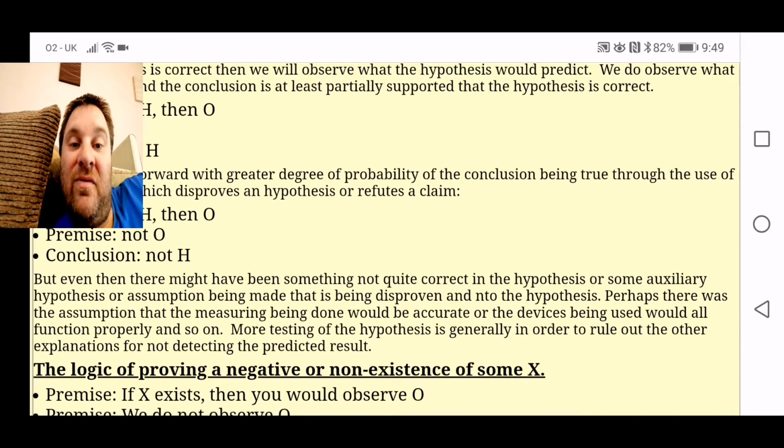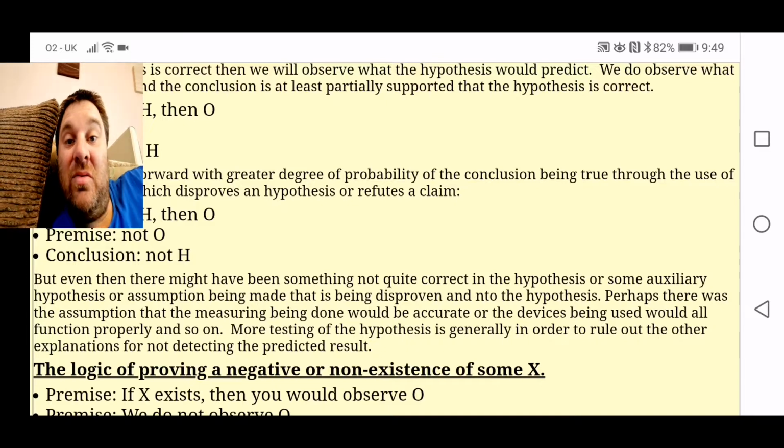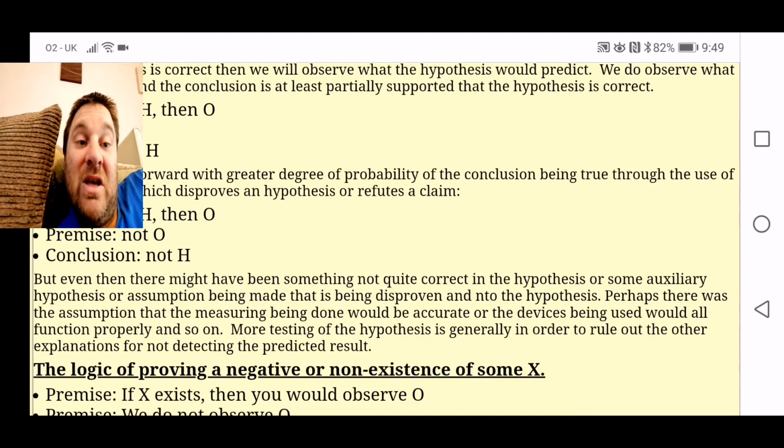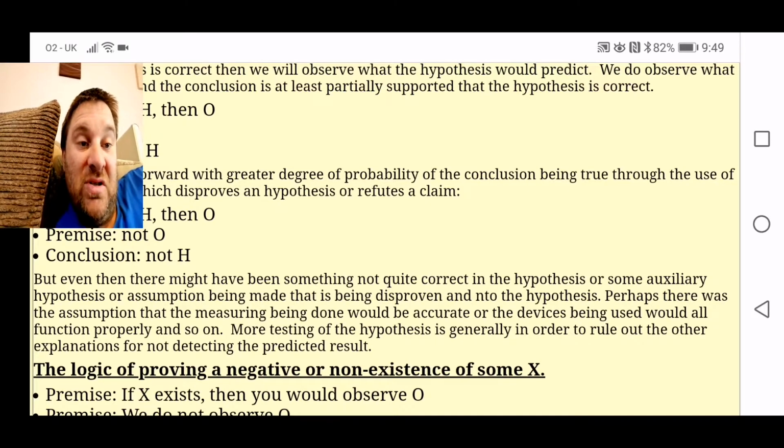But even then, there might have been something not quite correct in the hypothesis, or some auxiliary hypothesis or assumption. See, there you go, you've got assumptions. You shouldn't assume anything being made that is being disproven, and I think that's supposed to say not the hypothesis.